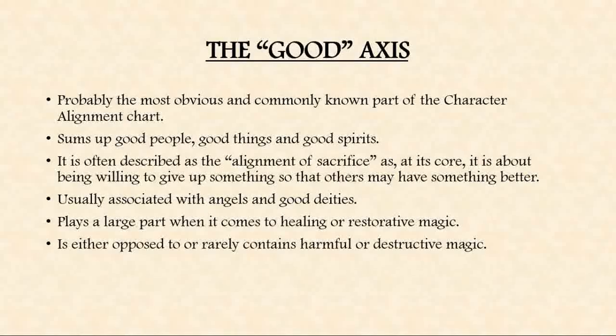It is often described as the alignment of sacrifice, as, at its core, it is about being willing to give up something so that others may have something better. Usually associated with angels and good deities, it plays a large part when it comes to healing or restorative magic, and is either opposed to or rarely contains harmful or destructive magic.